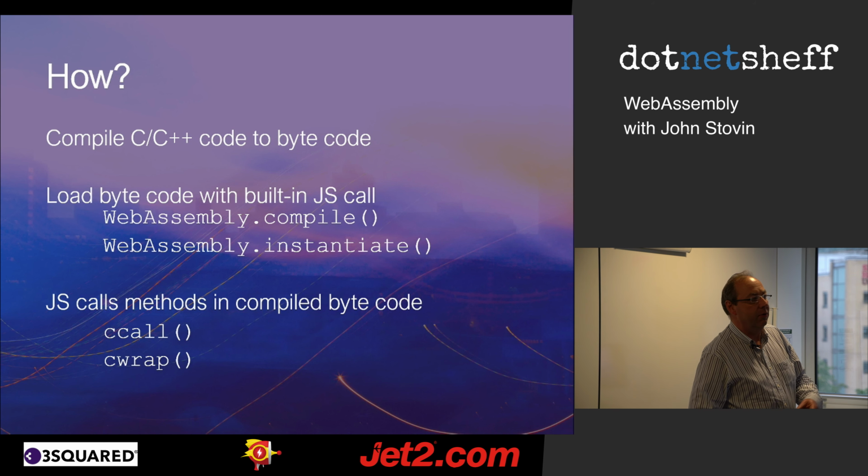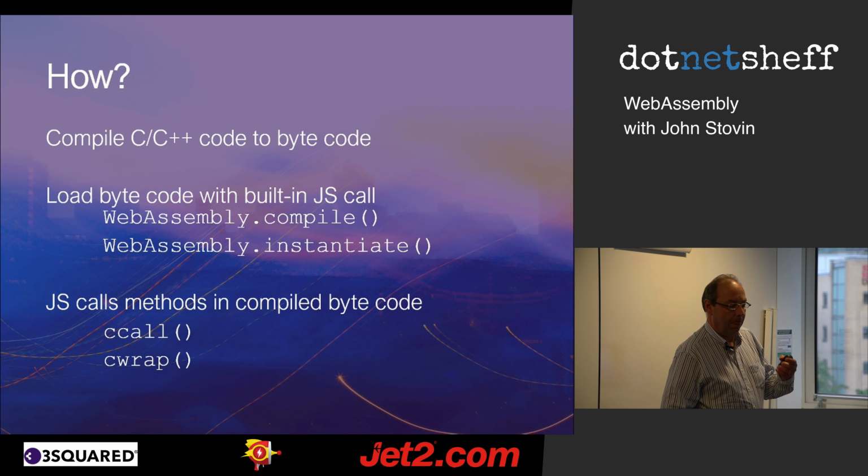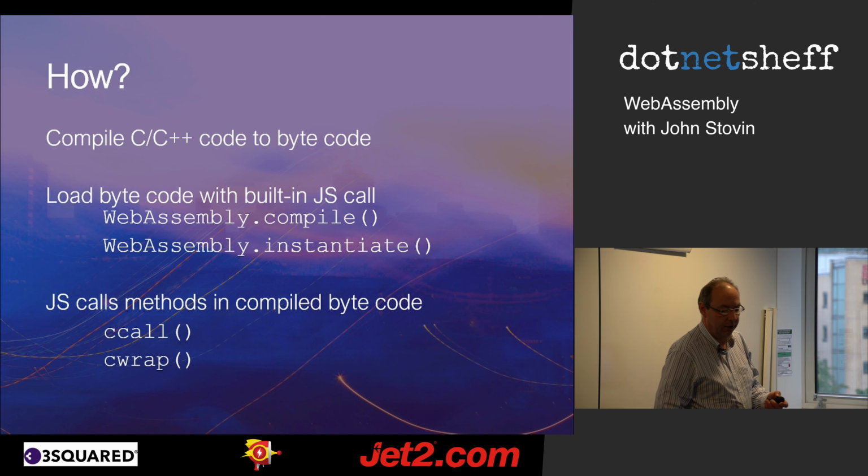At the moment, there's no integration with the DOM at all, which means that you can only run basically static functions. So there's a long way to go before it's universally applicable, but if you've got specific bits of processor-intensive code that you want to speed up in the browser, then this might be a solution for you.